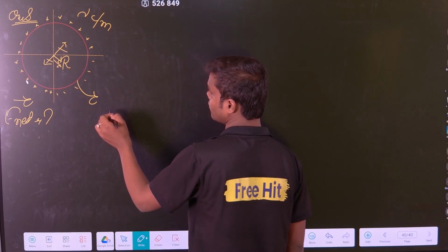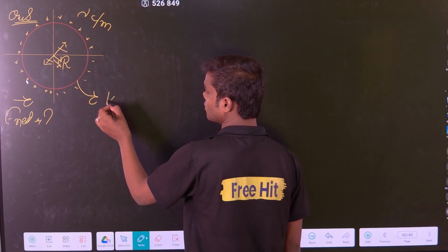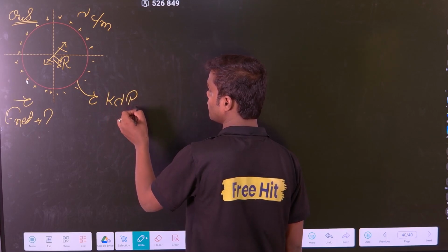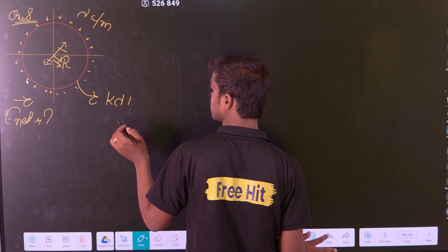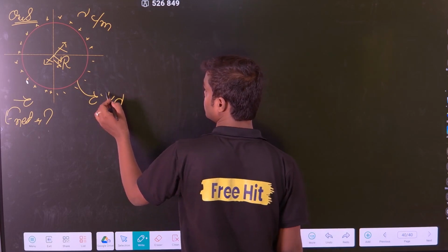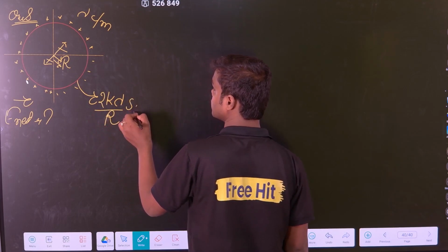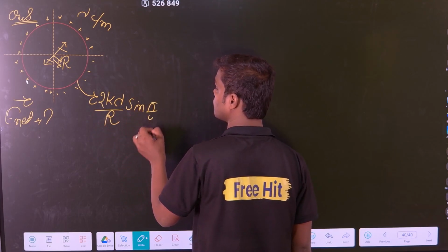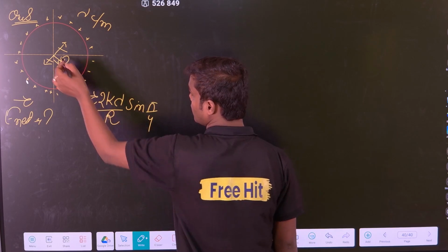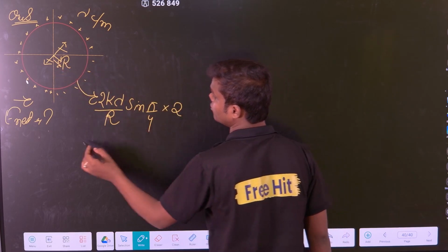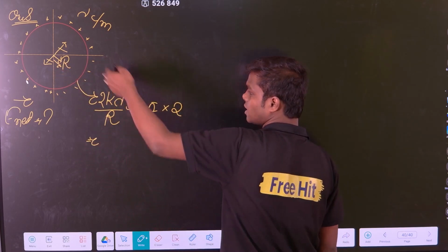So what is the field due to this part? It will be 2k lambda by R into sine pi by 4, correct? And this is also going to be multiplied by 2 because they are getting added up.